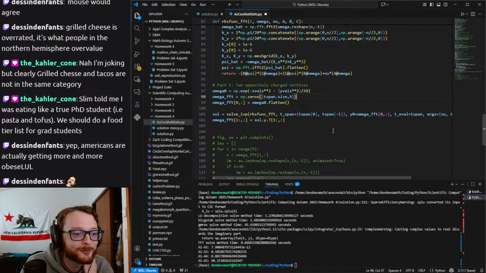Should do a food tier list for grad students. I've been eating like a grad student. It's been really bothering me, but I haven't been cooking anything particularly complicated since I started grad school. Americans are getting more and more obese. Lol. I mean, we certainly are, but that's not just us.